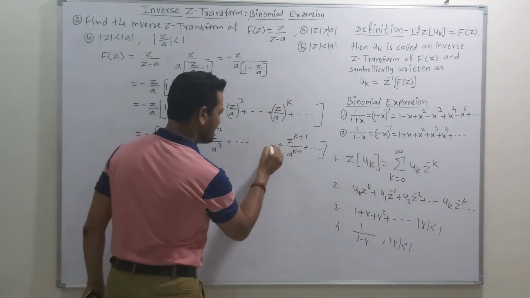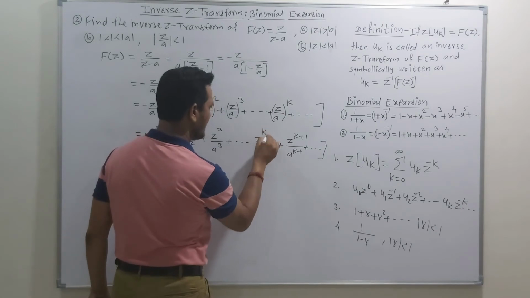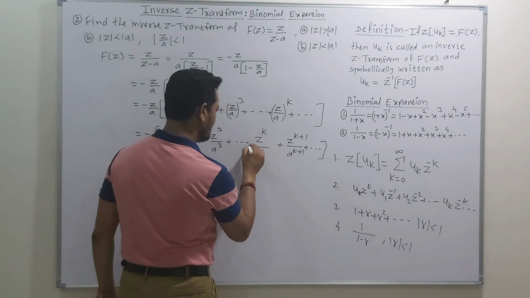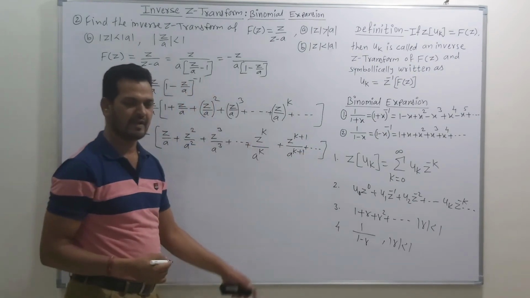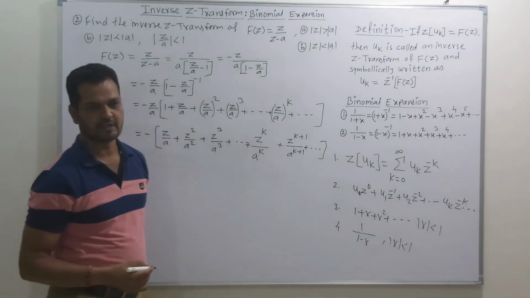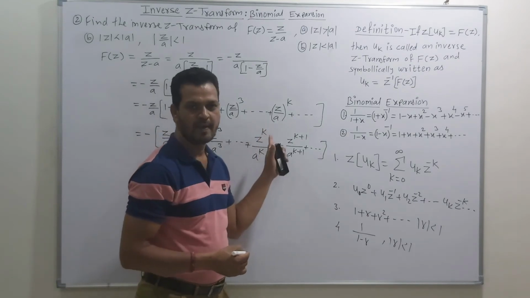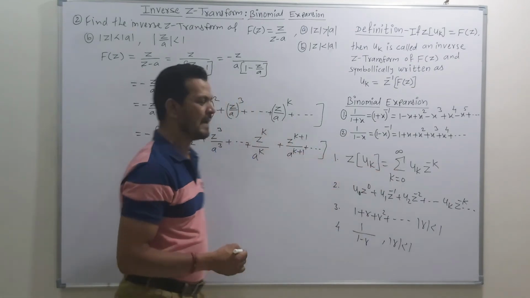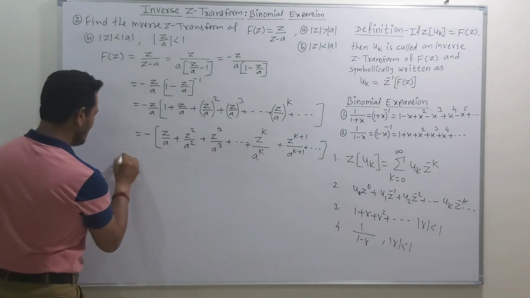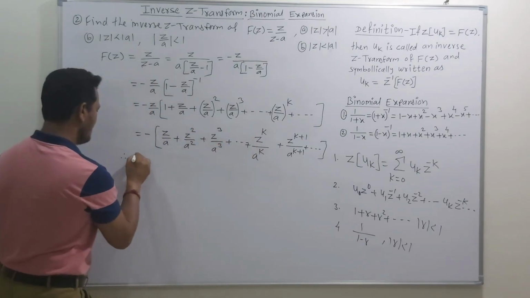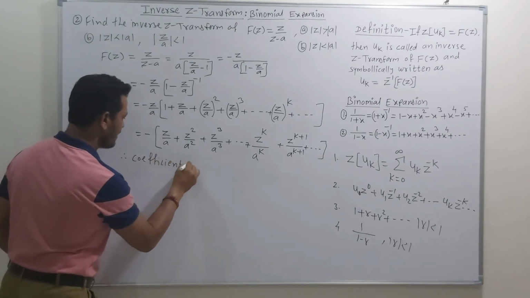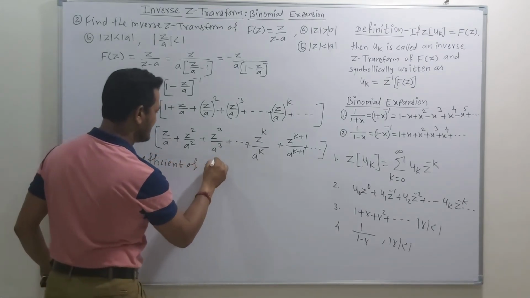So previous to this term is z raised to k upon a raised to k, and so on. So in this way we get the previous term to this term. So now here we get this as z raised to k. After multiplying by minus 1 we get this as z raised to minus k. Now friends, according to this expansion, therefore coefficient of z raised to k.